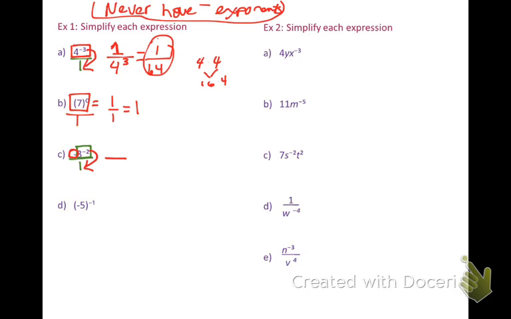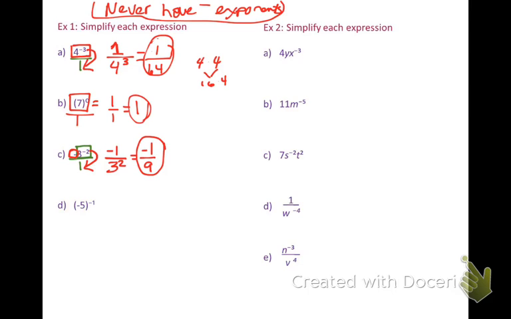I have this negative, so it will be negative 1. And then it would be 3 squared now on the bottom. And then you find out what 3 squared is, which is 3 times 3, which is 9. Here's your answer for that one.